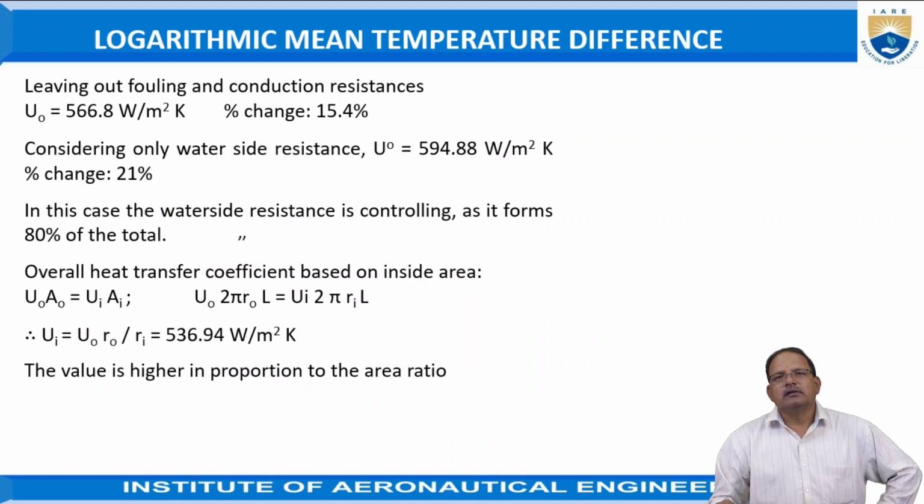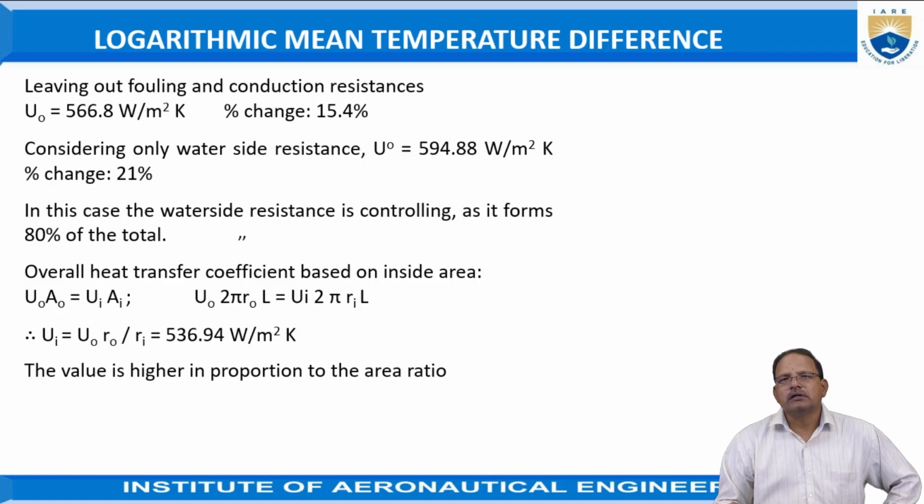Again, neglecting the outside fouling and conduction resistance, the overall coefficient of heat transfer is U naught equal to 566.8 watts per meter square per degree Kelvin. So the percentage of change is 15.4.